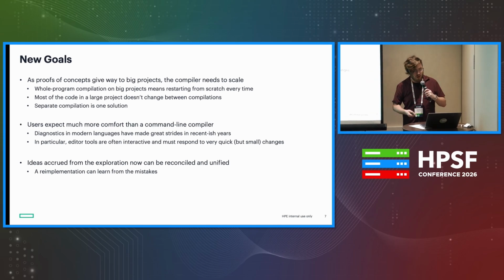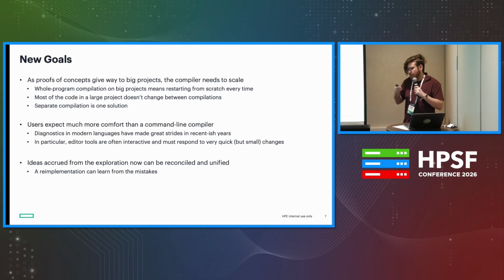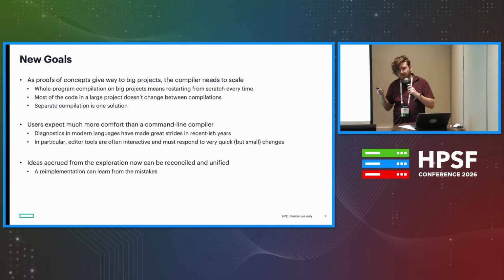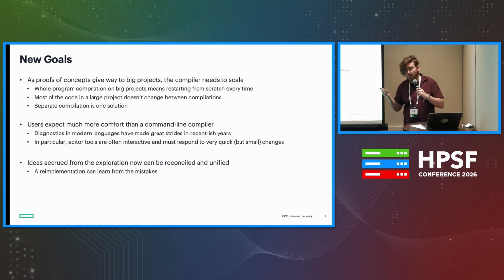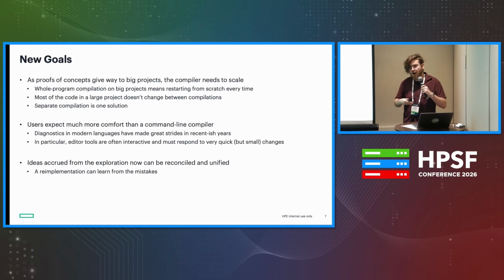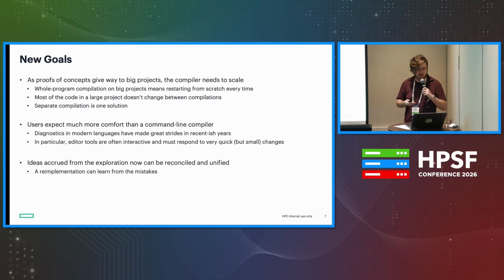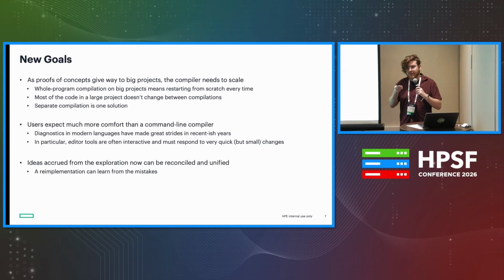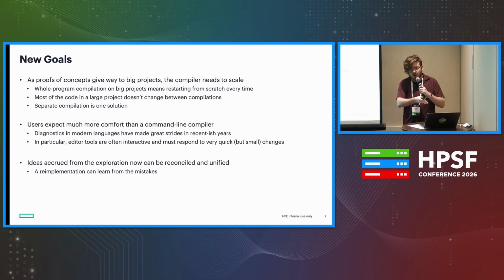Also, Chapel started a long time ago, but users today want more than just a terminal with white text that tells you the error. They want an editor. They want to use Visual Studio Code. One of the talks recently here was talking about how VS Code was a super popular demand for one of the technologies that was discussed. And also, in VS Code, when you make changes, you saw it in Jade's demonstration, it saves on type as you're typing.